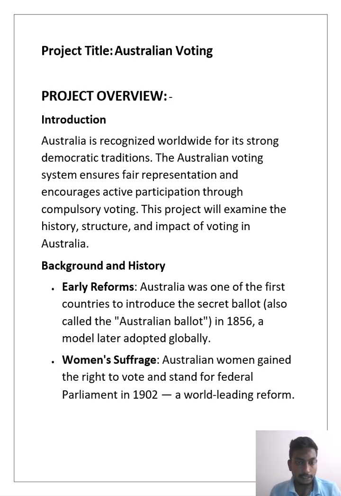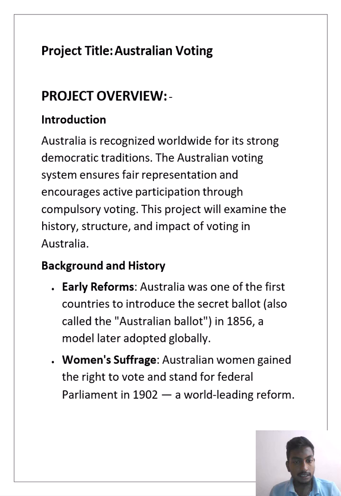Background and history. Early reforms. Australia was one of the first countries to introduce the secret ballot, also known as the Australian ballot, in 1856, a model later adopted globally. Women's suffrage.